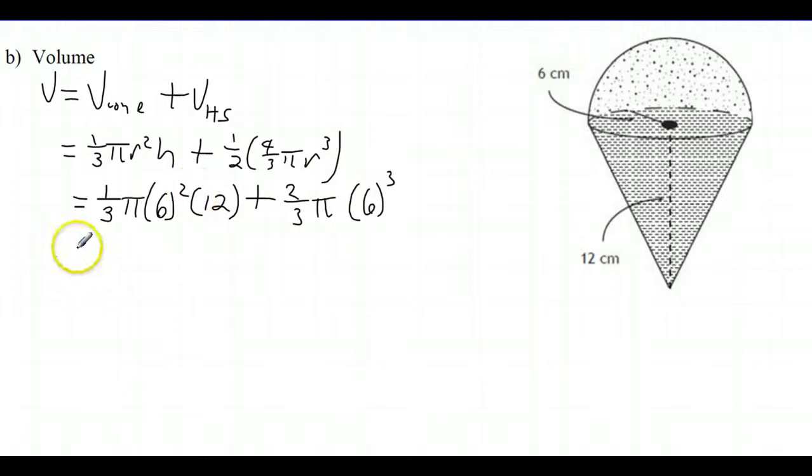Okay, put away the calculators for a minute here. 6 squared is 36. 1/3 of 36 is 12, and 12 times 12 is 144. 6 cubed is 216. 1/3 of that is 72 times 2 is also 144. 144 plus 144, that's 2 gross.